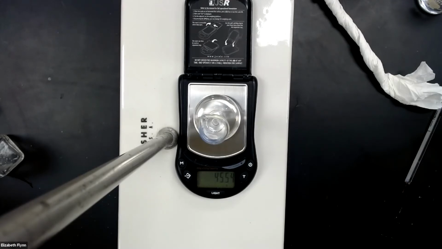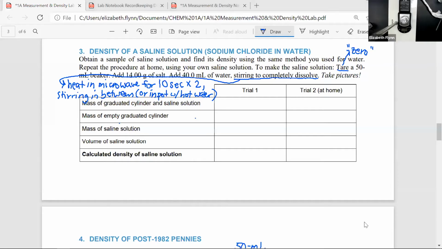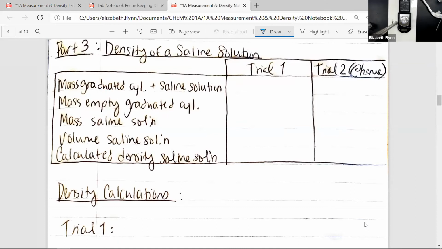All right, and let's make sure that we record this on our notebook. Okay, so mass of the cylinder plus the saline solution was that last mass that we just got, which is 45.54 grams.